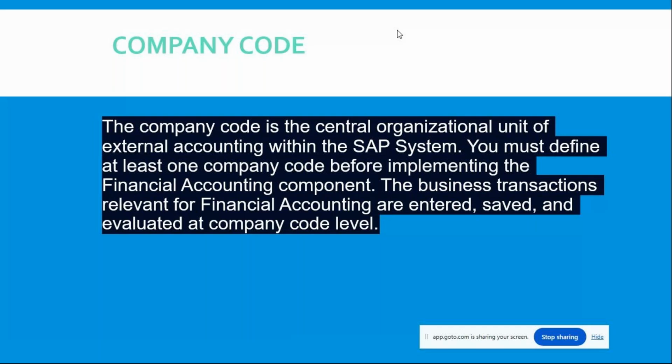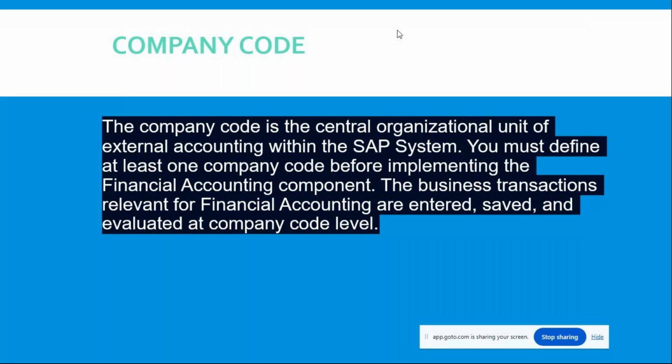Now you are understanding. When we create a company in SAP software, that company has to have one company code. It is mandatory to create a company code for the company. Why? Because otherwise we cannot do the further applications.